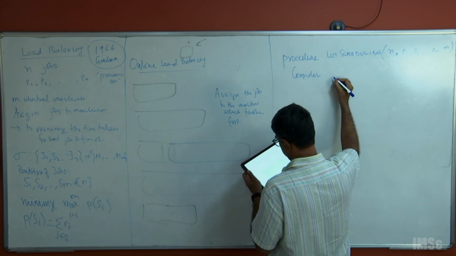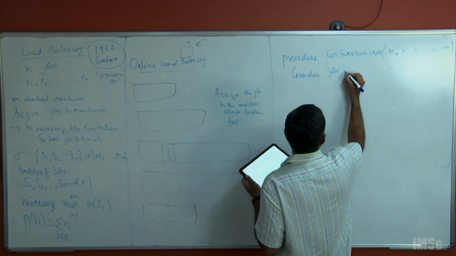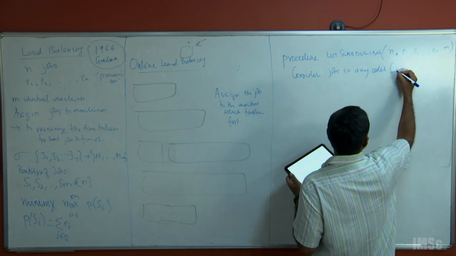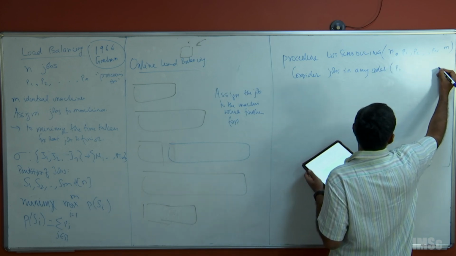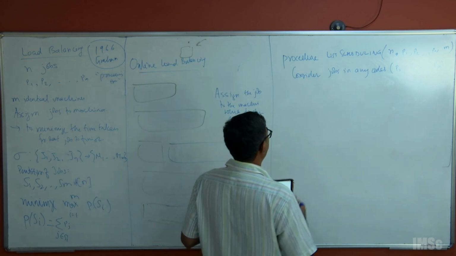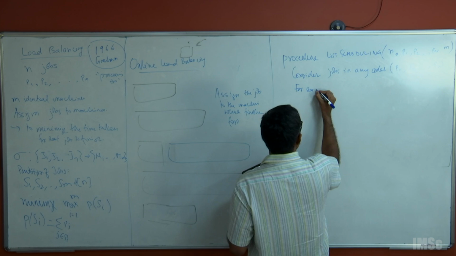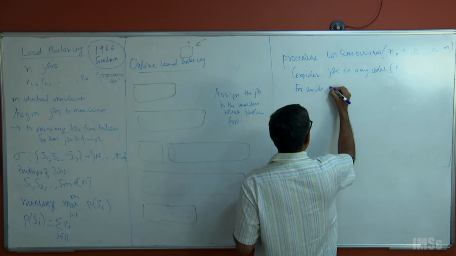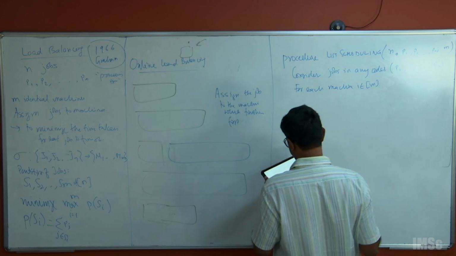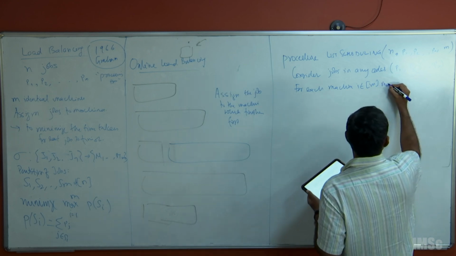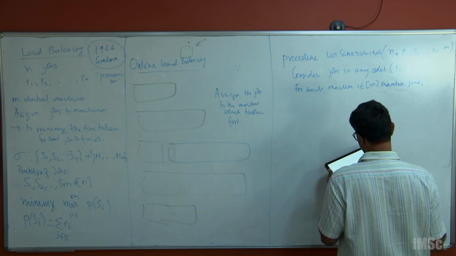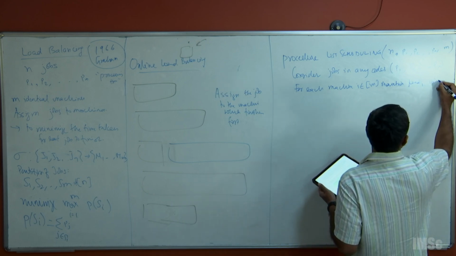Consider jobs in any order. Okay, in any order, it doesn't matter. And this is what I will do. For each machine i in M, maintain load_i, initialized to 0.